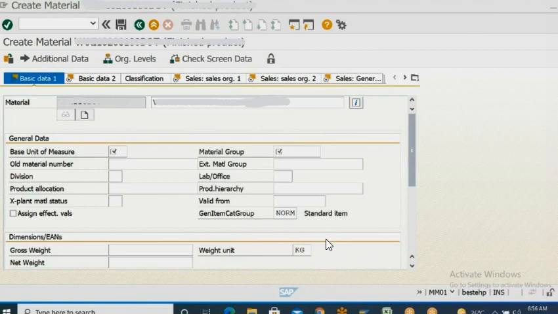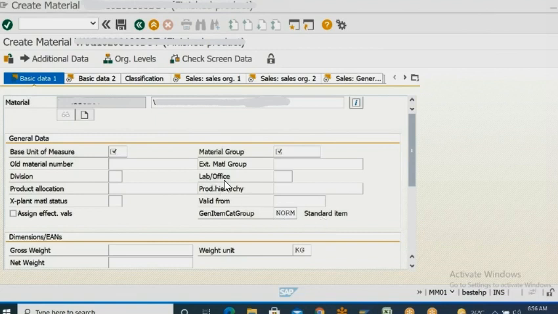Next, material group. Grouping of the materials which will share the same attributes. For example, if you take an electronics company, suppose Samsung, it will manufacture laptops, desktops, etc. So these laptops and desktops classify under one group, computers, and speakers as sound systems.